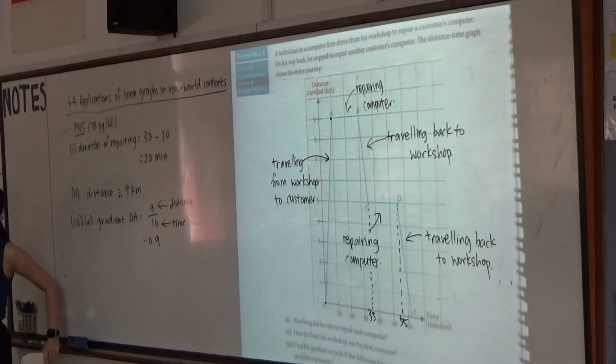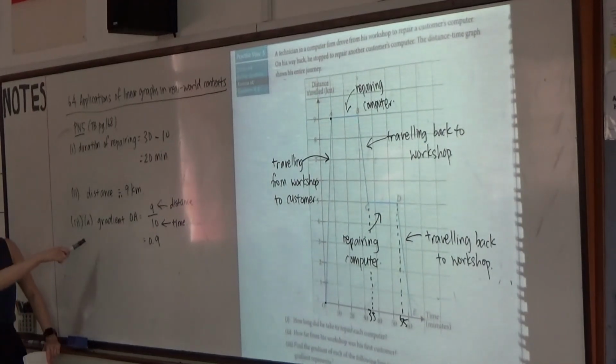We are familiar with what is distance divided by time, right? What is distance divided by time? Speed. So therefore, in this particular situation, the gradient is actually telling us the speed. So that's what we can interpret from the graph.